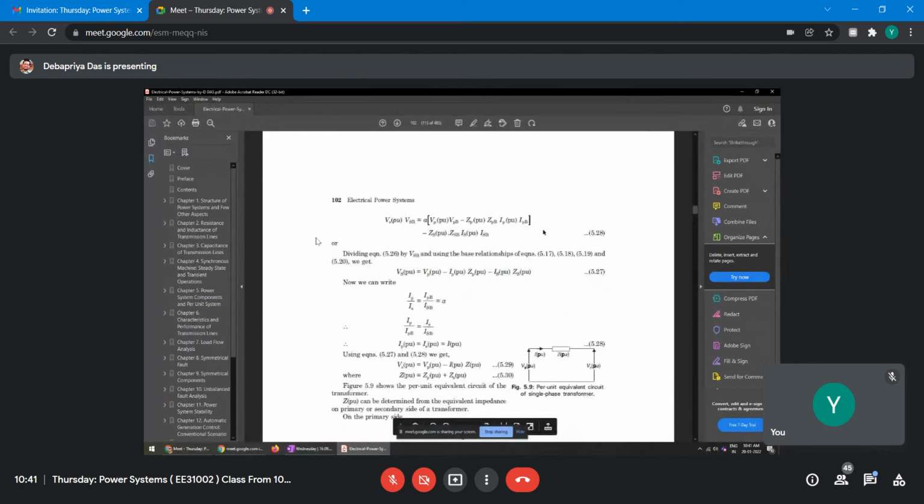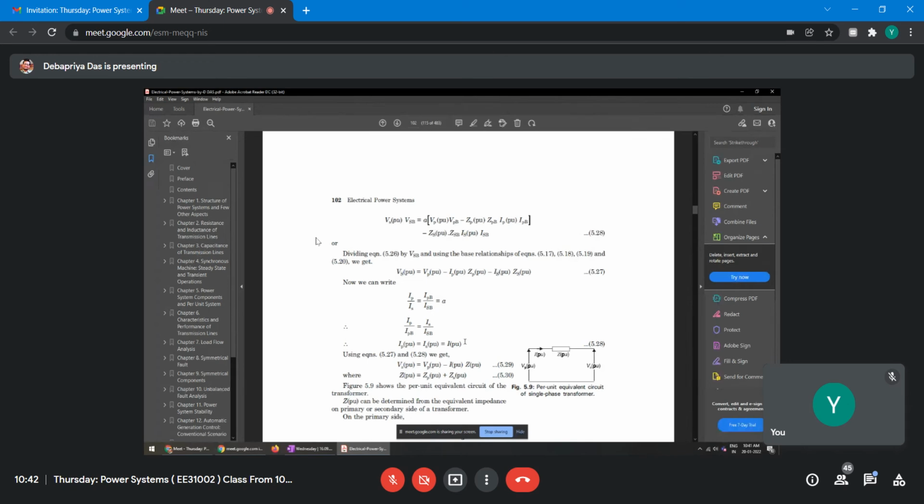So putting everything in, you will get VS per unit is equal to VP per unit minus IP per unit ZP per unit minus IS per unit ZS per unit. Now we know that IP upon IS is equal to IP base upon IS base, which is equal to A. Therefore, IP upon IPB is equal to IS upon ISB. These are per unit quantities, so the primary side per unit current is equal to the secondary per unit current, which is IPU.